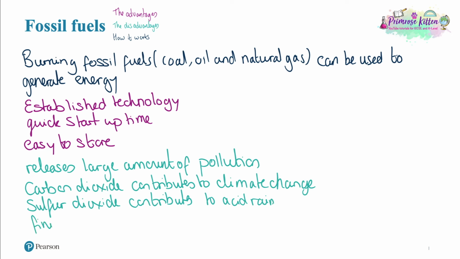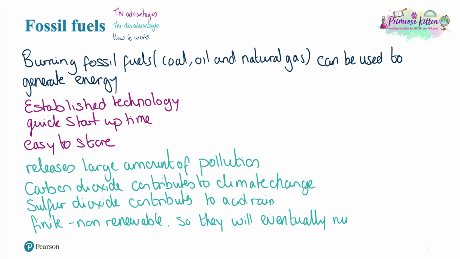Both climate change and acid rain are big problems. Fossil fuels are finite, which means they are non-renewable resources, meaning they will eventually run out. We cannot continuously rely on burning fossil fuels for our energy production because they are not going to be around forever.